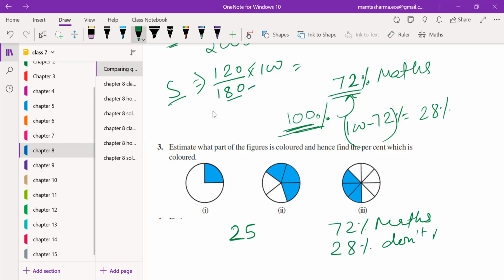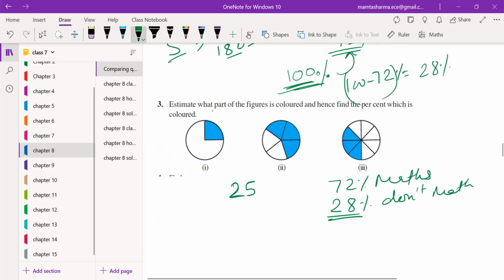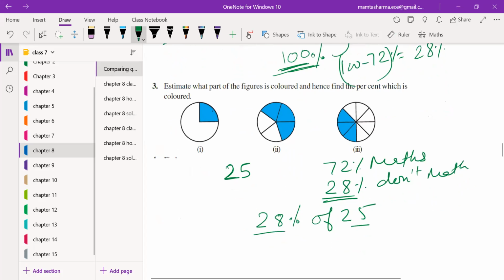So now we can convert this percentage into a number. How? Write 28 by 100. What will be 28% of 25? You can write 28% of 25.